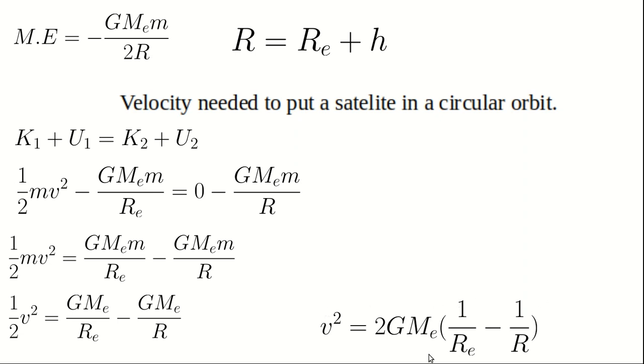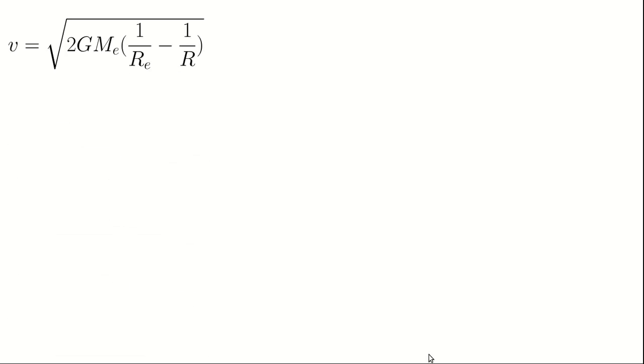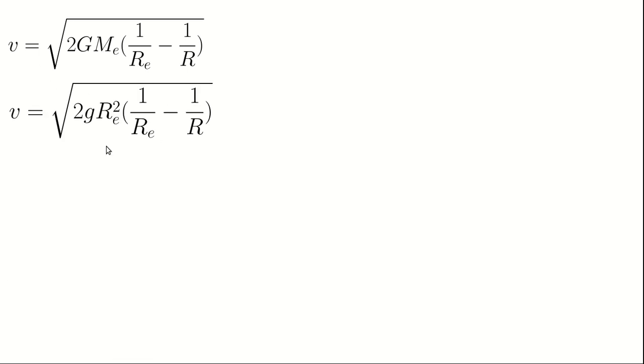If we take the square root of both sides, we have this expression. Remember that anywhere we see capital G, capital M, E, we can replace it with g, RE squared, the radius of the earth squared. That gives us this expression, so you can use either this one or this one.